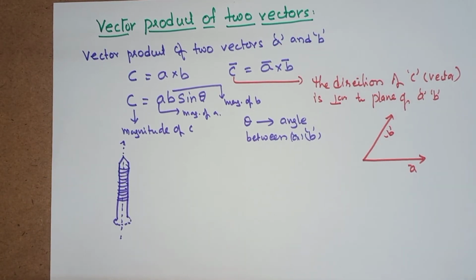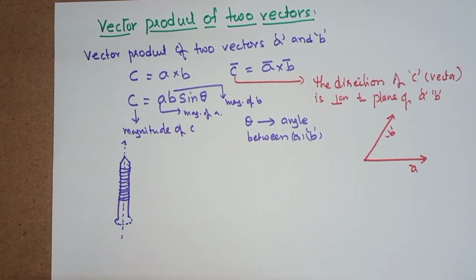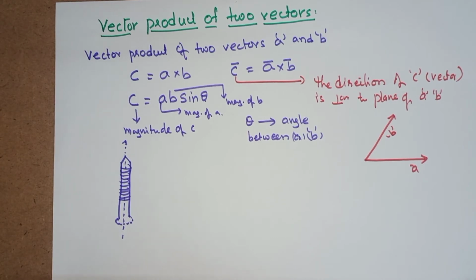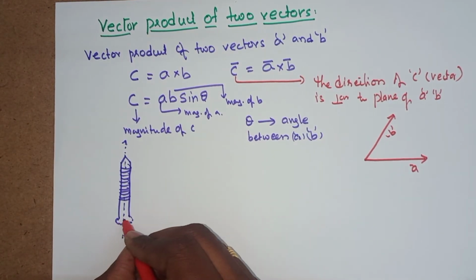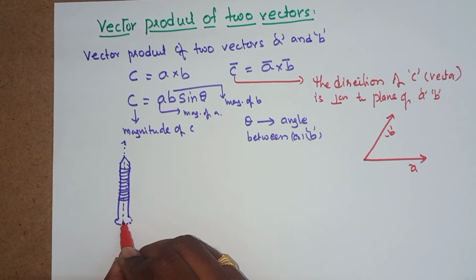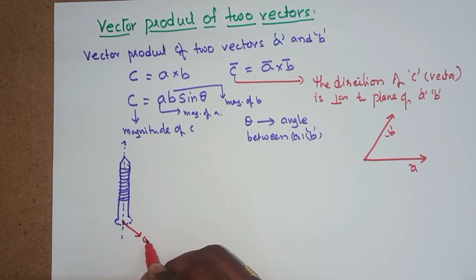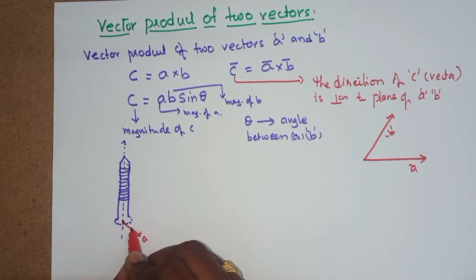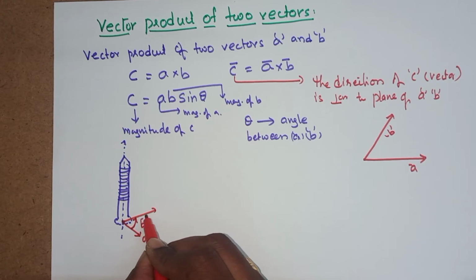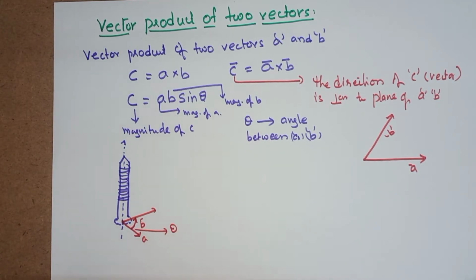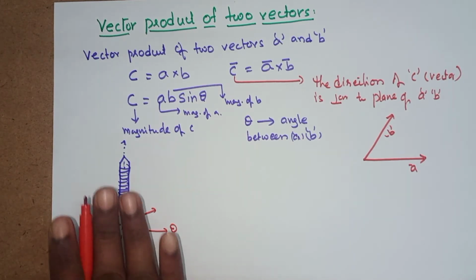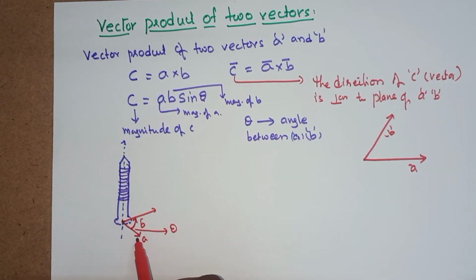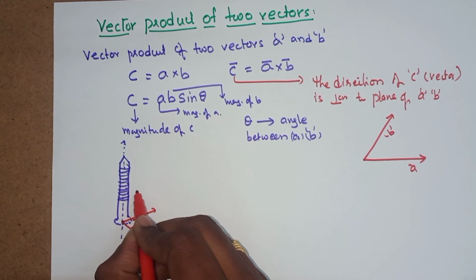To understand the direction of vector C, we need a simple concept. This is a screw with a head, and A is there, and you are turning the head toward vector B, which makes an angle theta. While you are turning A to B, the screw advances.